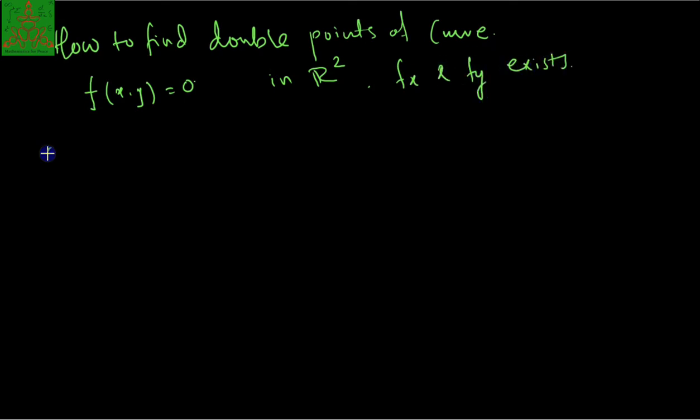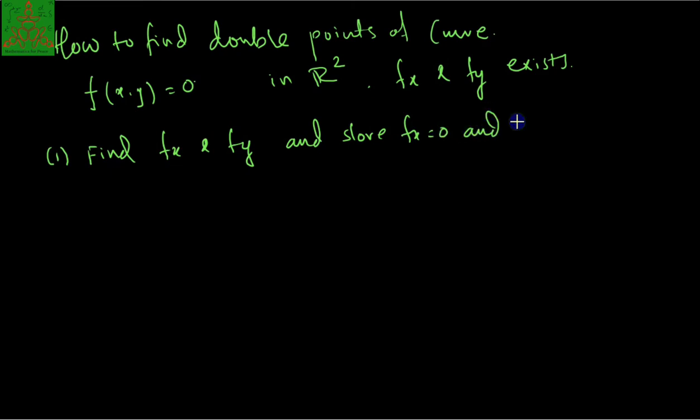Then we apply the following steps. The first step is to find fx and fy and solve the equations fx equal to 0 and fy equal to 0. Suppose the solution of these is the point (a, b).